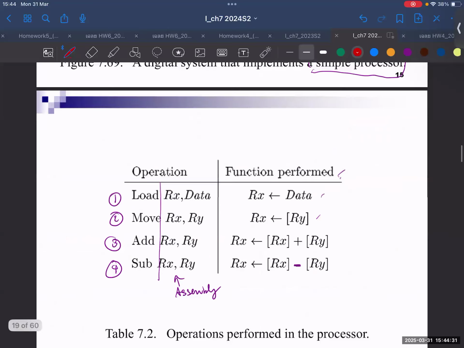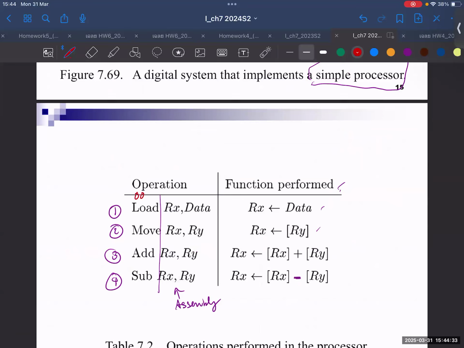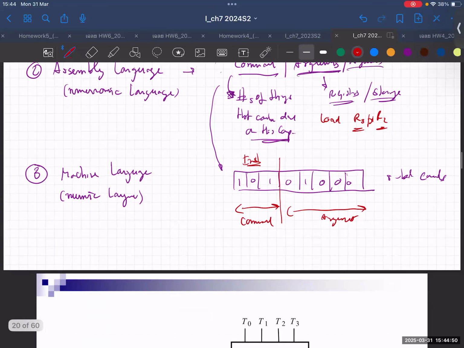For example, you can assign load to be 00, 01, 10, 11. When you see 00, the first bit, oh, I'm doing load, or you are instructed to do load. I say 1, oh, you're going to do subtraction. So you understand, but you need to understand before that what each code does, right? Everything is coded.